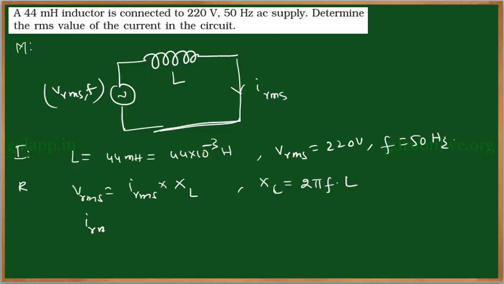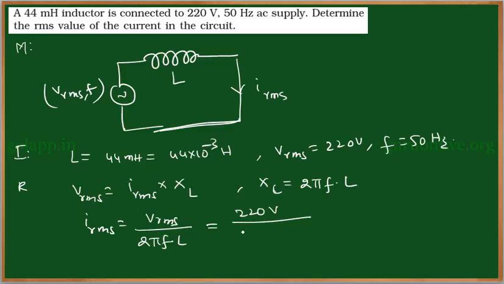So IRMS is equal to VRMS divided by 2 pi F into L, that is equal to 220 volts divided by 2 into 22 by 7 into 50 into 44 into 10 to the power of minus 3.